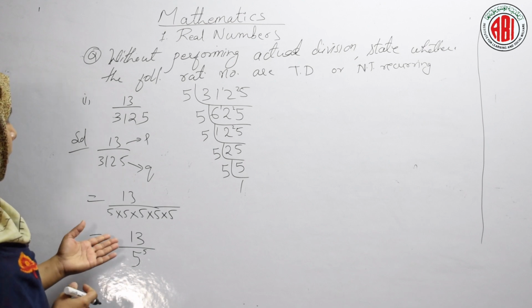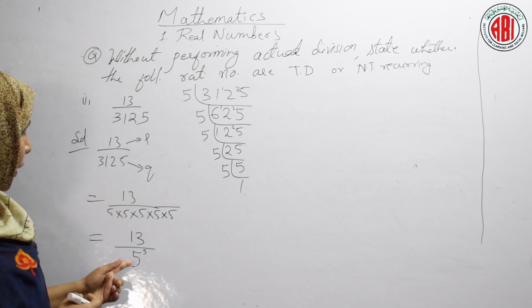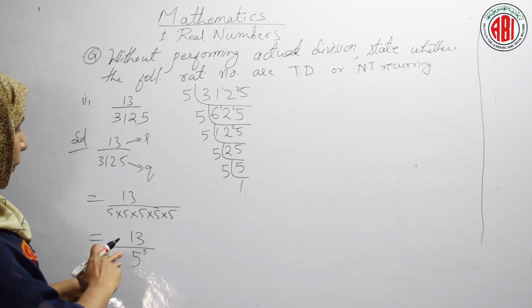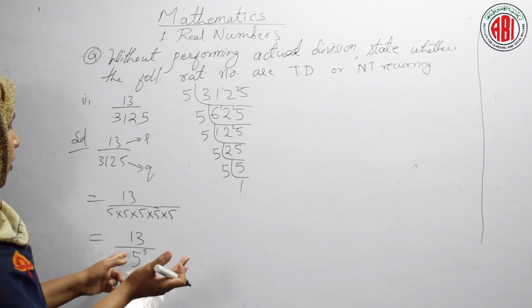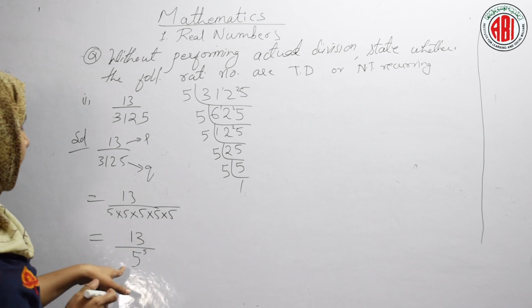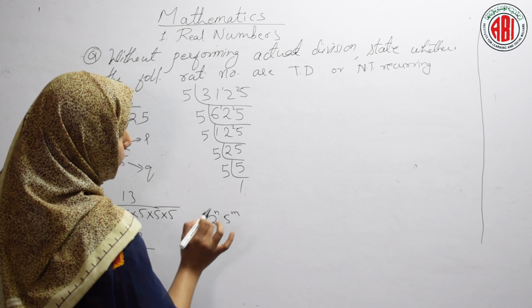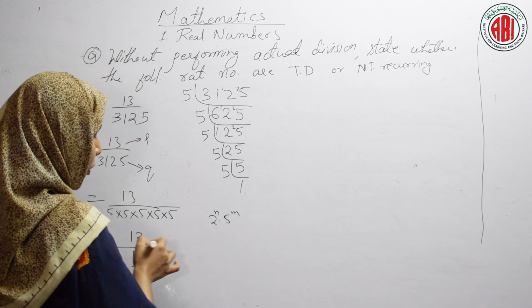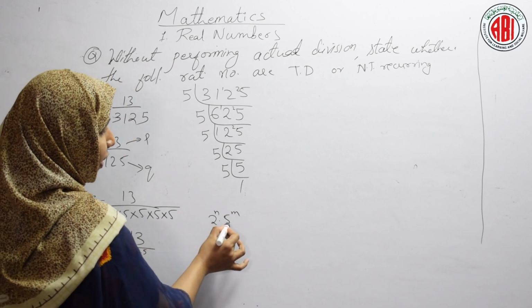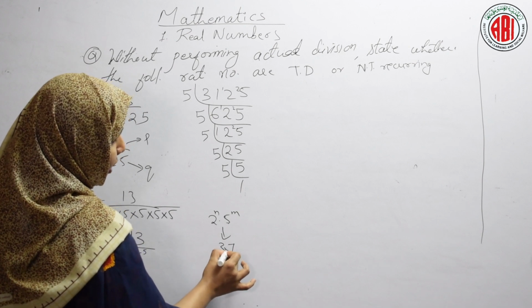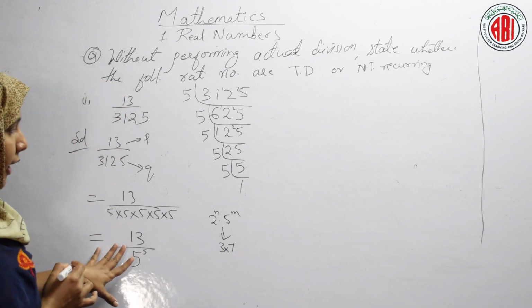Now look here, this q is coming in the form of 2 power n into 5 power m. Here 2 is not there, but 5 is there. If 5 is there, we can say it is a terminating decimal. It should be in the form of 2 power n into 5 power m only. At least 2 or 5 or both should be there. If we get 3, 7 or other numbers, then it is not a terminating decimal.